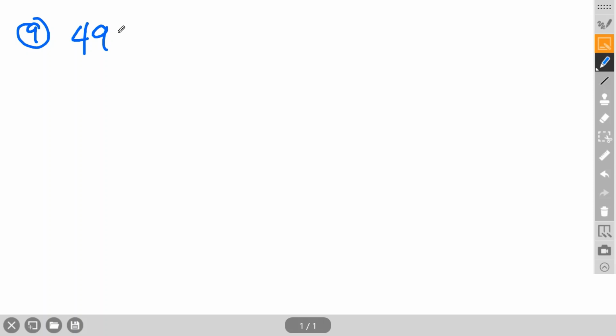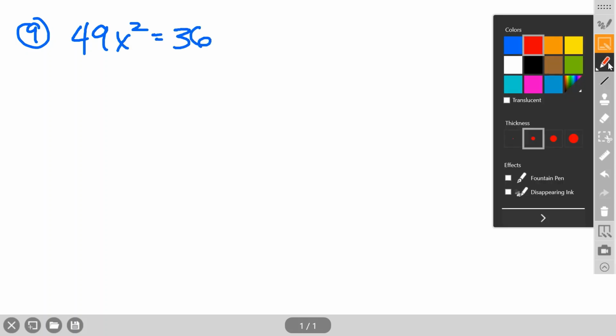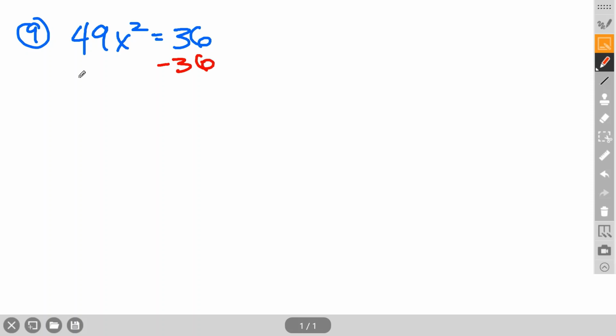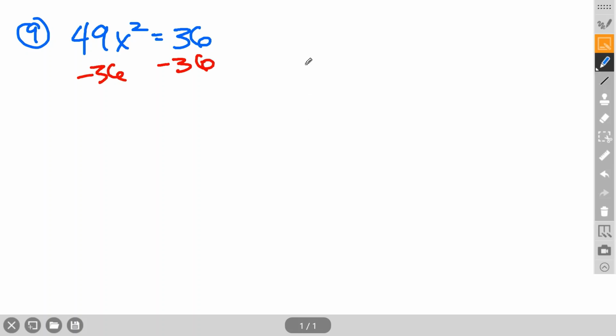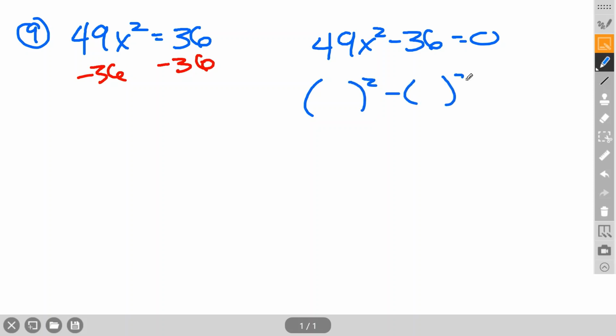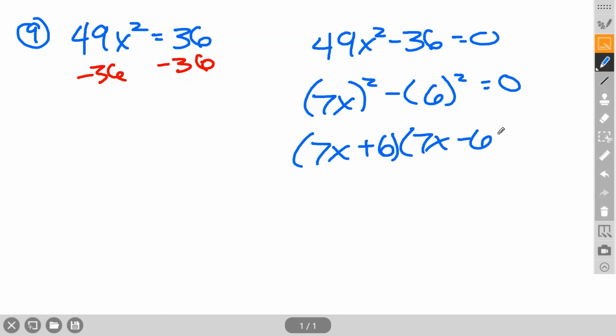Number 9, 49x squared is equal to 36. First of all, it needs to be equal to 0, so let's get the 36 over here. So I got 49x squared minus 36 equals 0. This is a difference of two squares. This is (7x) squared and 6 squared, which means that this factors into (7x plus 6)(7x minus 6).